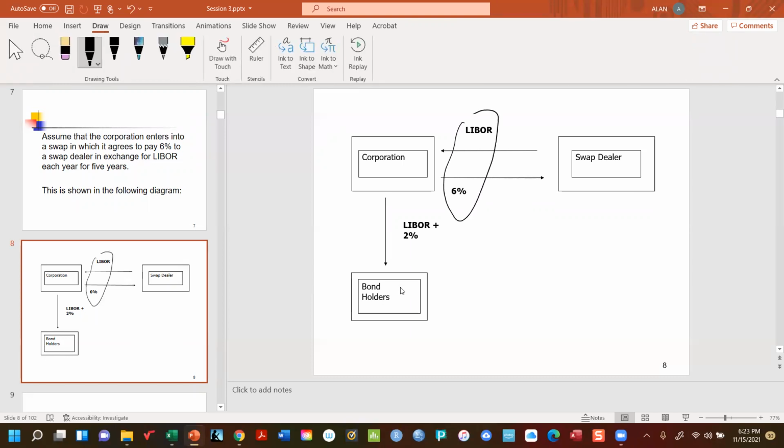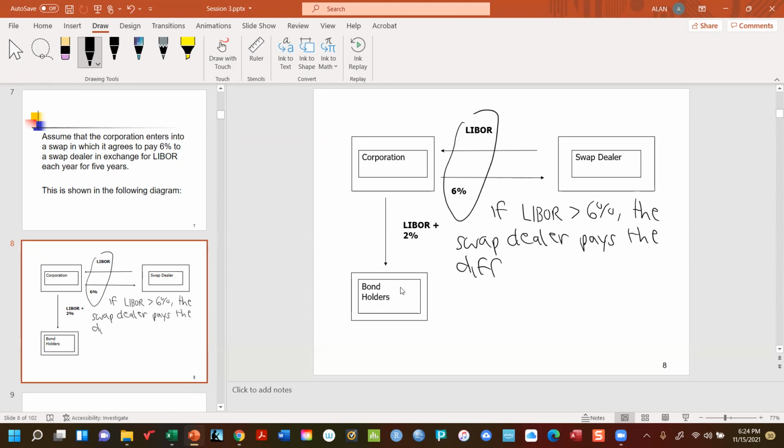So if LIBOR exceeds 6%, the swap dealer pays the difference to the corporation. And that's, of course, based on the notional.